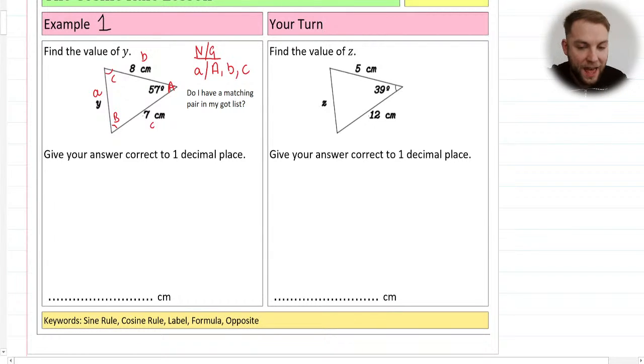I don't have a matching pair in my got list. I've got A and a in there, but they're not both in the got list. So because the answer's no, this means that I need to use the cosine rule.